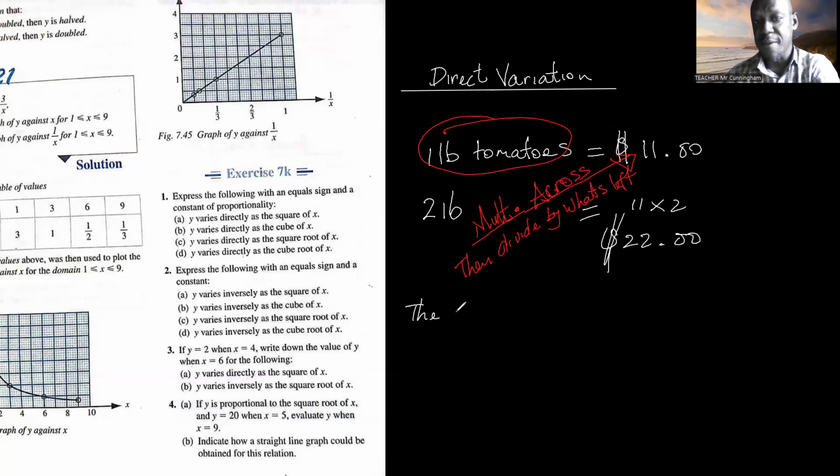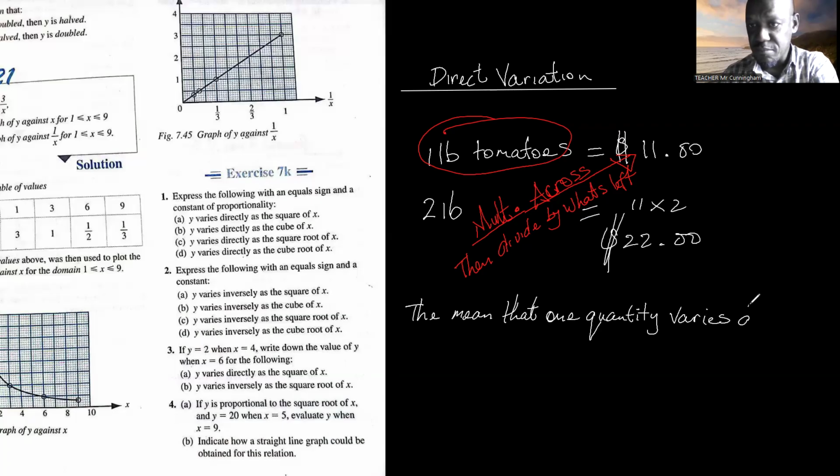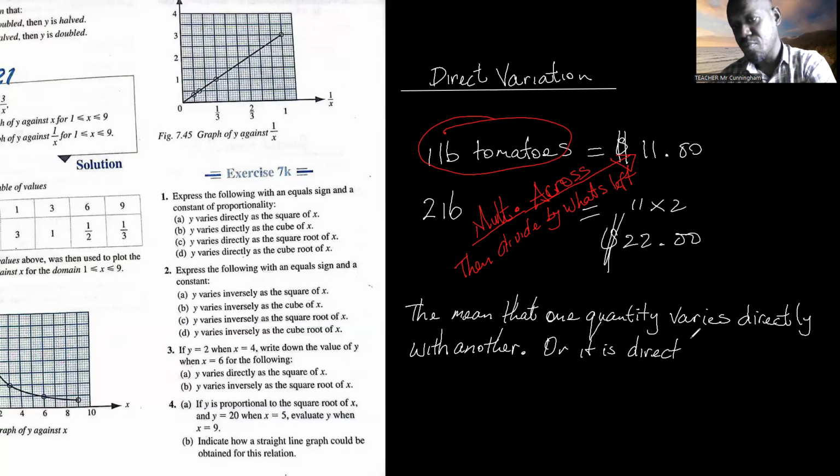Take this down: one quantity varies directly with another, or it is directly proportional.